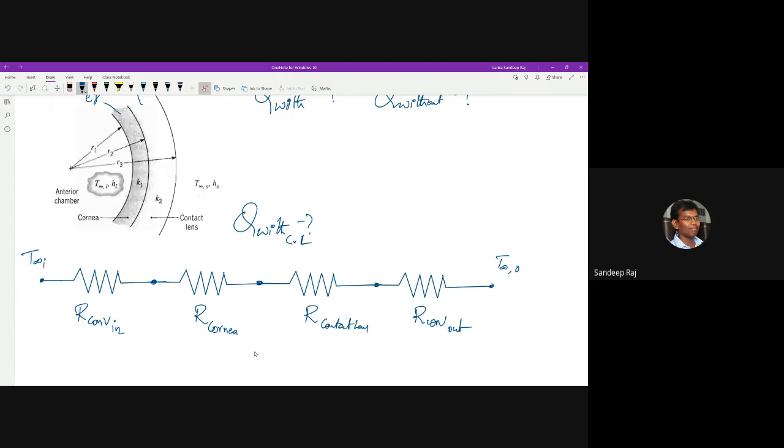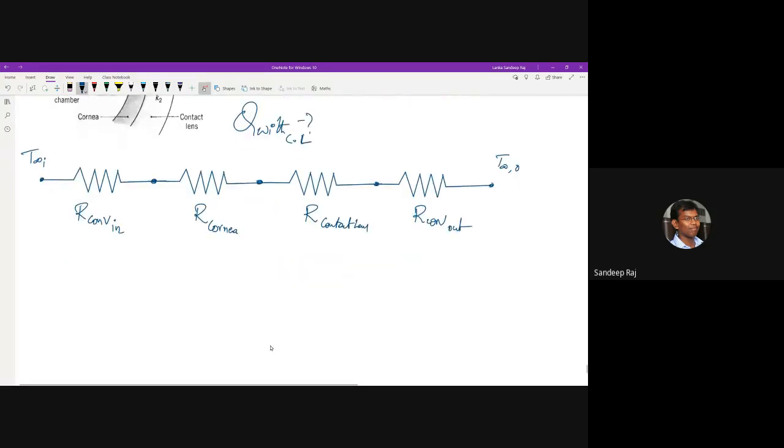Perfect. We have to find out the resistances. The first one we do is R convection on the inside.